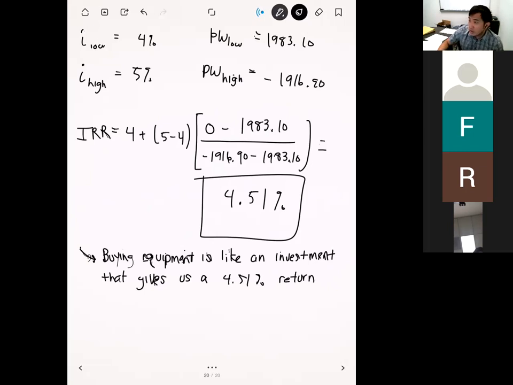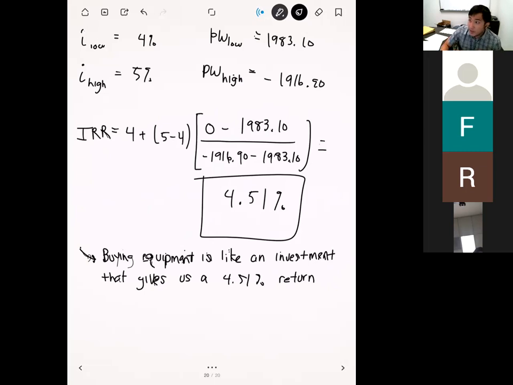Any questions on this example here? All right, this example and the last one are two good examples of a rate of return analysis in practice. Let's take a step back and look at basically the same thing that we did for both examples.